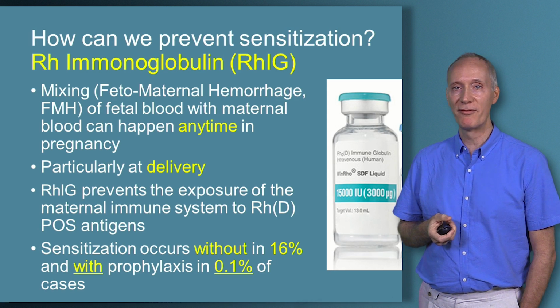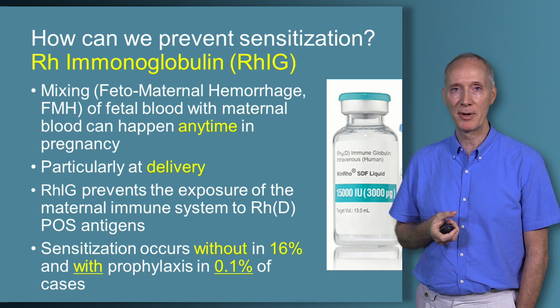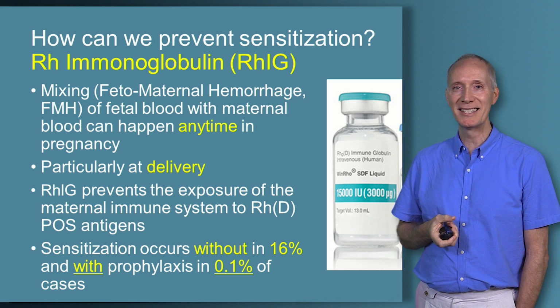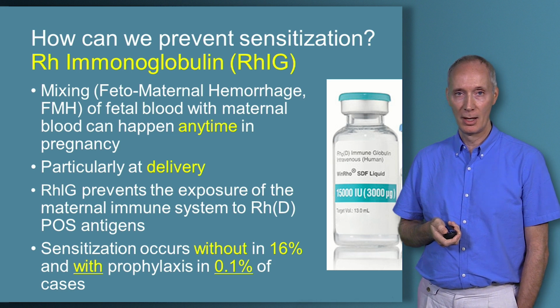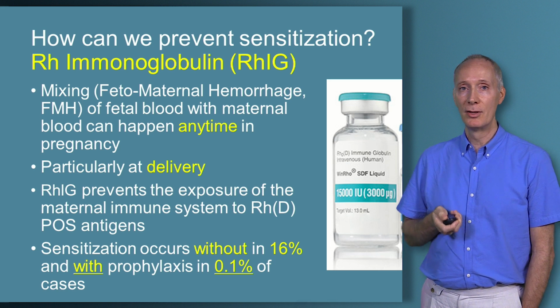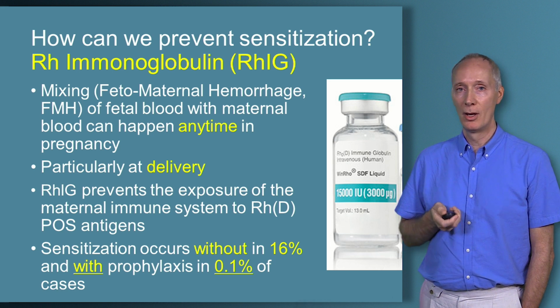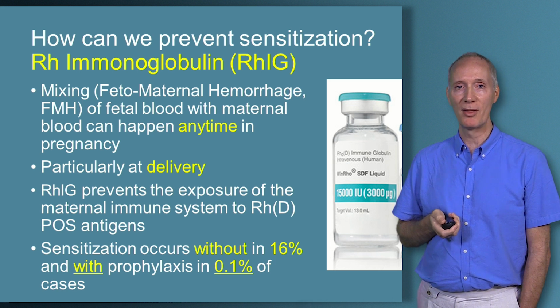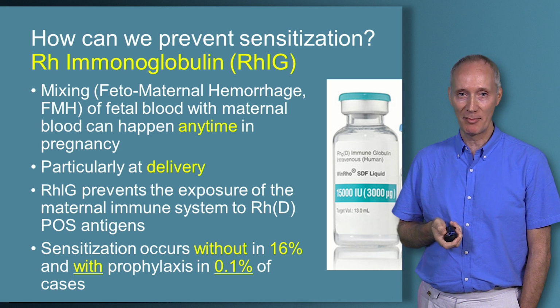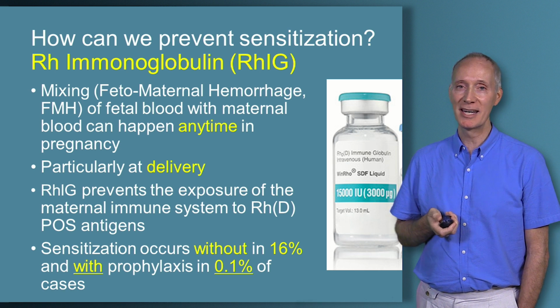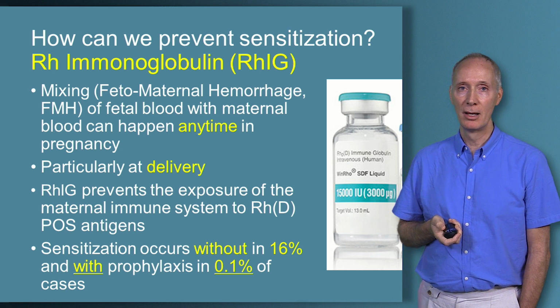Now, if we want to prevent this problem from happening, we have to prevent this sensitization. Because again, the mixing of the blood from the fetus to the mother can happen at any time in pregnancy, and particularly at delivery.